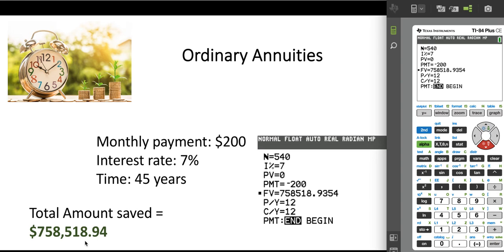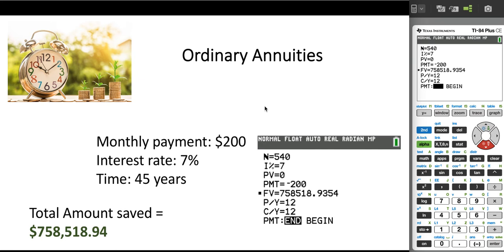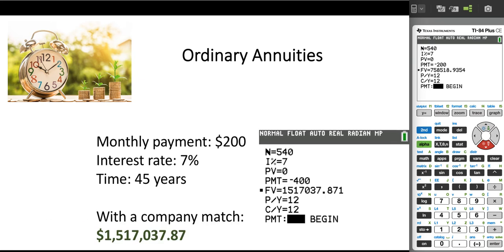But you know what? A lot of these savings, a lot of these retirement funds, sometimes an employer will match how much you contribute. Have you ever heard of that? Like where you have a company match. Maybe you actually work somewhere where there's a company match. So let's figure out how much money you would have if there was an actual company match.